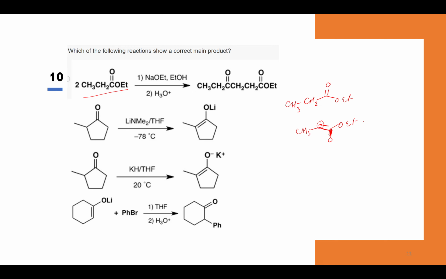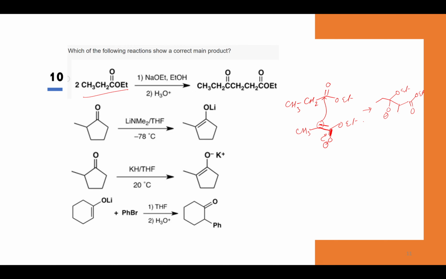So this is a single bond, and here a double bond. Then this enolate will attack on the carbonyl carbon, and it will give you a product with OEt.